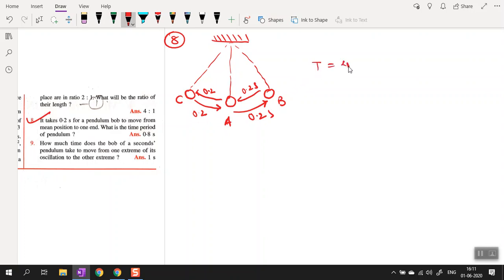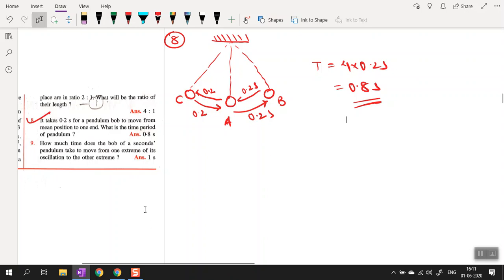So time period is equal to 4 times 0.2 seconds, which is 0.8 seconds. You can write it as: since the pendulum takes 0.2 seconds for moving from the mean position to one end, to complete one full oscillation it will take 4 times 0.2 seconds, that is 0.8 seconds. That's why its time period is 0.8 seconds.